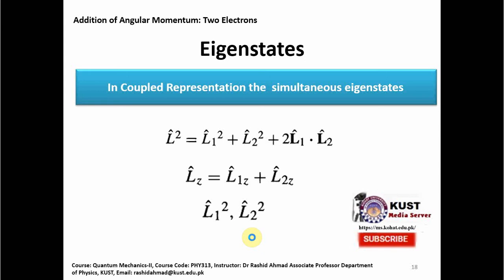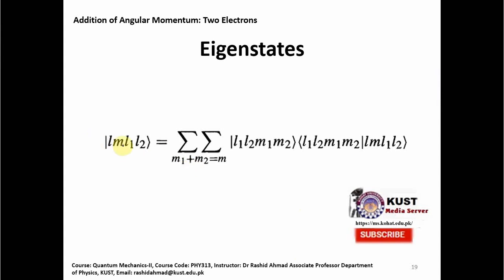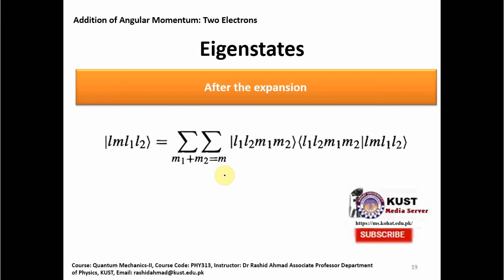But the final representation can again be constructed, that is L M, again from these simple states L1 M1 and L2 M2, where you can see the summation runs only over M, after expanding the L1 and L2 states in the summation with respect to M.